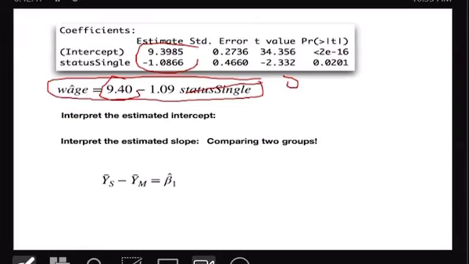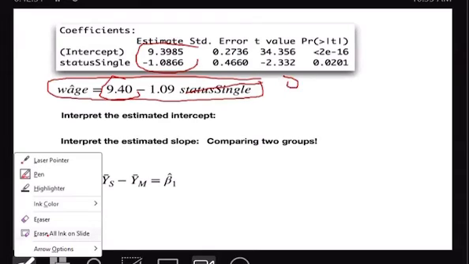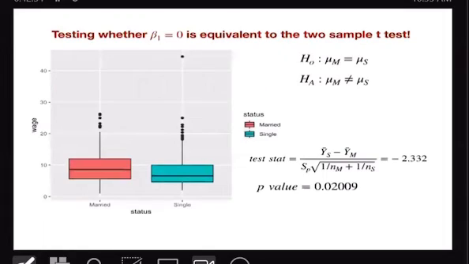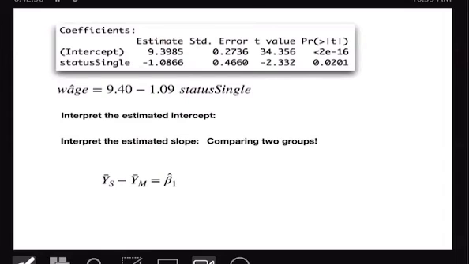Does that make sense? Based on the model, now I'm going to show you this. If you don't understand, please ask questions. Do you know that what we're doing here is the same thing as comparing 2 groups in the t-test that you did before coming to this class, where you compare the average salary of married and single, which is the difference of means?